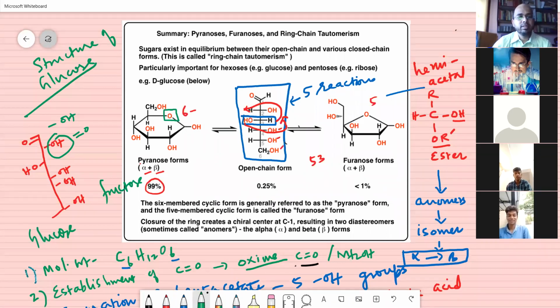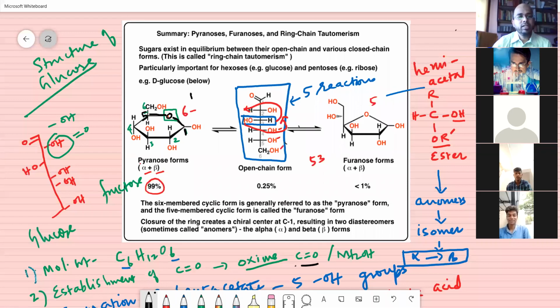For example, let me start this as 6, 5, 4, 3, 2, 1. So carbon atom 1 is linked by means of an oxygen to carbon atom 5. Here you have 5.